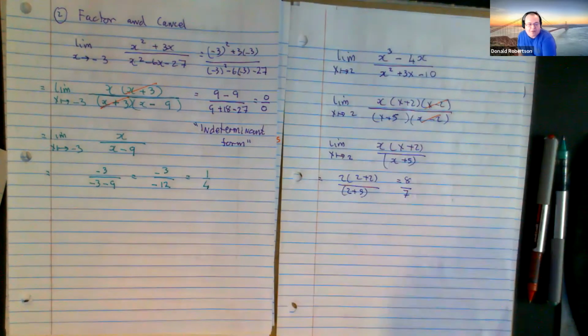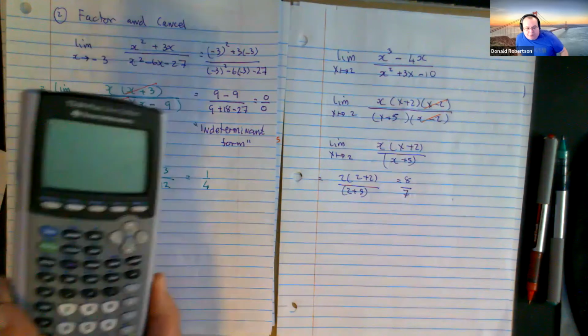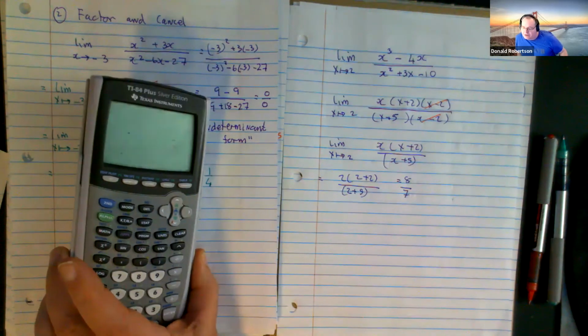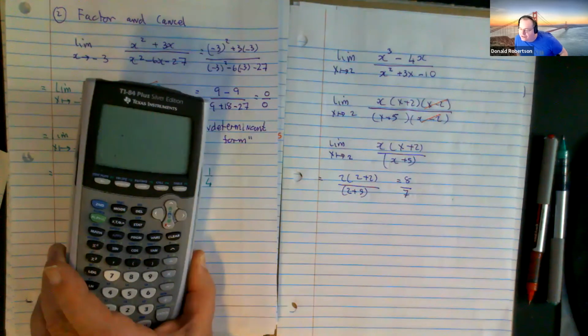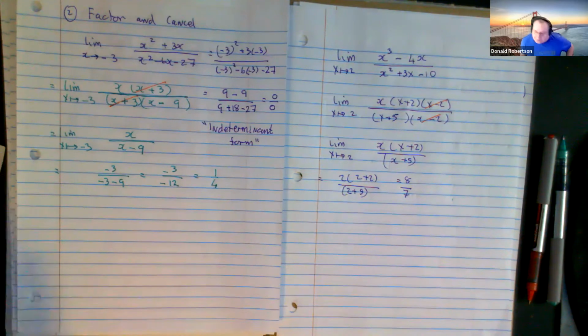Your answer is 8 7ths. And I'm not going to do it, but couldn't I do my little calculator trick to check it? And I should get a decimal that's pretty close to 8 7ths, which is about 1.13 roughly, I think. Is factoring and cancelling okay? Seems like a method you could handle.